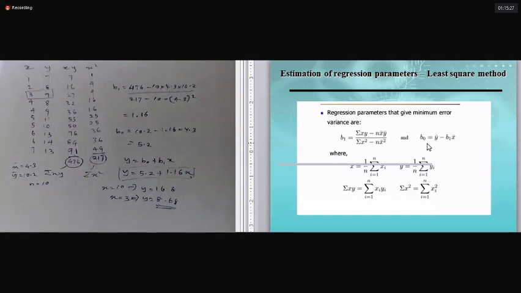What is the indication? Is our calculation wrong, or is there any other reason? What is the reason for this difference?